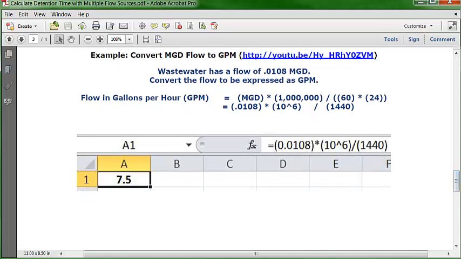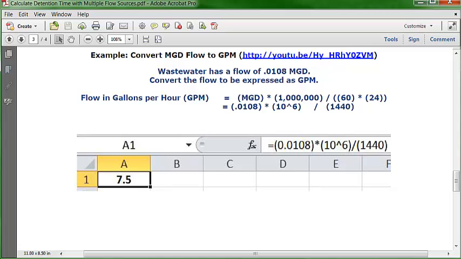So if we slide down to the other page, we can see where we convert the mgd to GPM, and that's the title and the URL on my Wastewater Dan YouTube channel. In this particular case, where we had a flow of 0.0108 mgd, we convert it to gallons per minute, and we see the answer is 7.5.